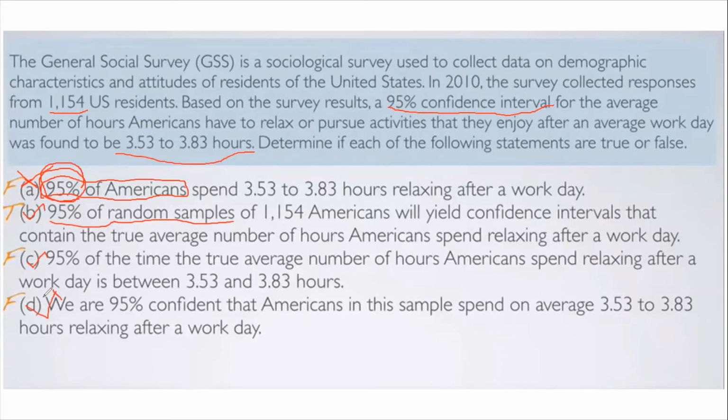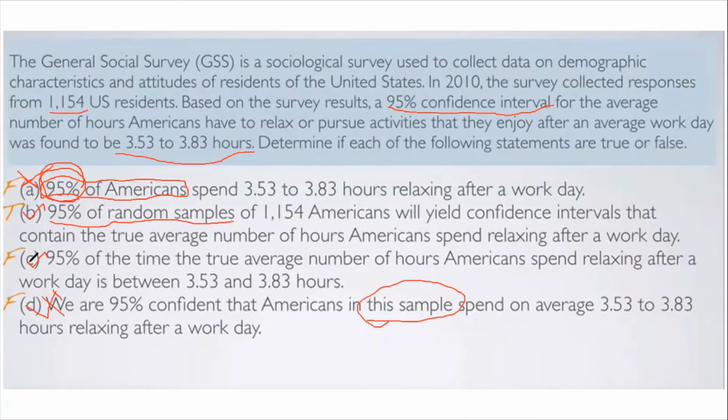I think D is false because this is talking about the sample. We are 95% confident that Americans in this sample, but we are not interested in the sample. We want to be talking about the population. That's why this is wrong.